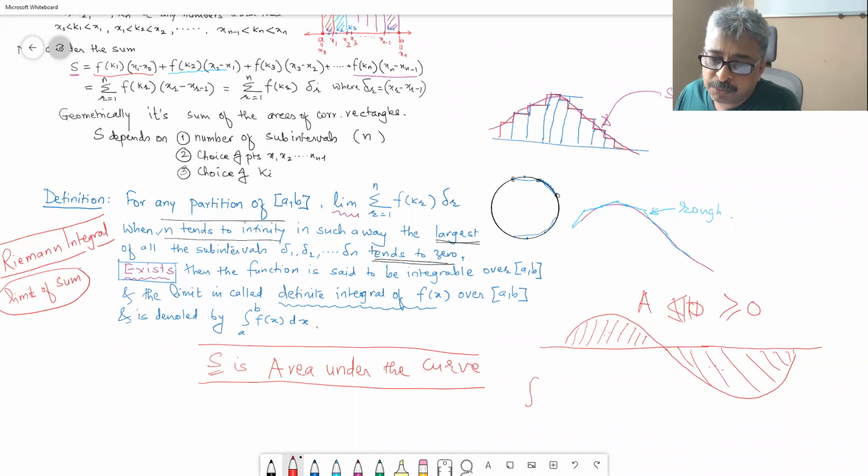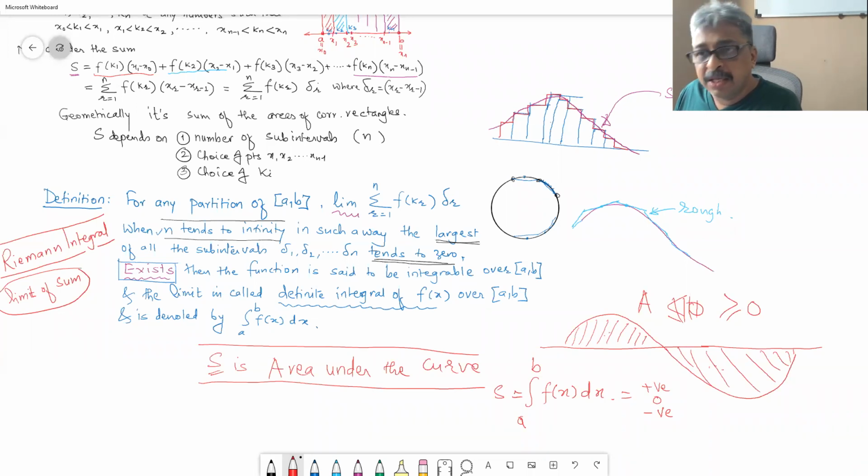But if we are supposed to find some number, the integral from a to b of f of x dx, S is equal to, then this is a real number which can be positive, which can be 0, which can be negative. This is a real number.